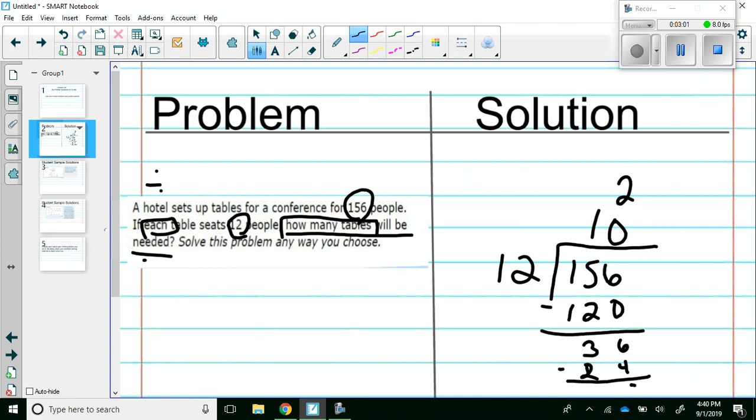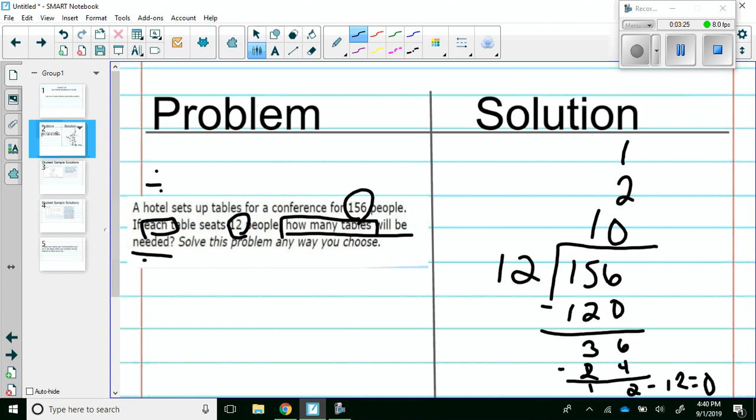And then I have 6 minus 4 is 2, 3 minus 2 is 1, and then I have 12 left over. From there, that seems pretty simple. I know 12 can go into 12 one time. I ran out of room, so I would then have 12 minus 12 equals 0, so I have no remainders left.